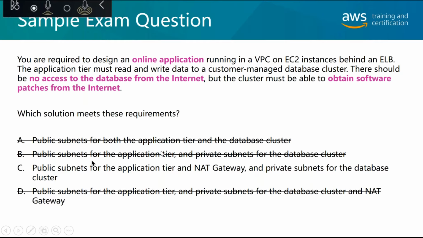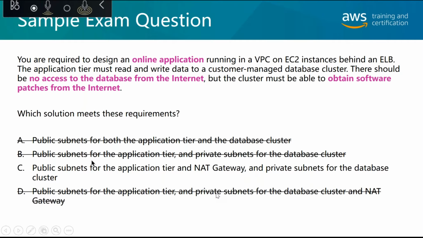So let's take a look at what we have here. I have public subnet for the app tier and the NAT gateway, and private subnet for the database. And then I have public subnet for the app tier and private subnet for the database cluster and NAT gateway. Well, here's the thing. Normally, I would want almost everything in the private subnet and just leave the NAT in my public subnet.